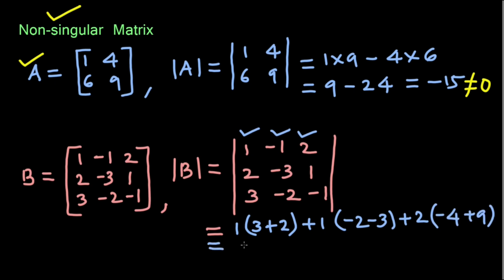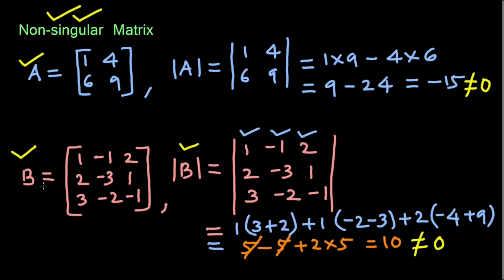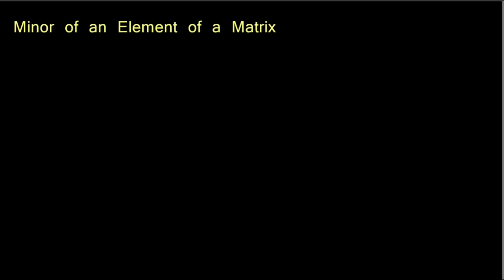It will be 5 minus 5 plus 2 multiplied by 5. So this 5 gets cancelled and we get 10. Now since the value of the determinant of B is not equal to 0, we can say that matrix B is a non-singular matrix.